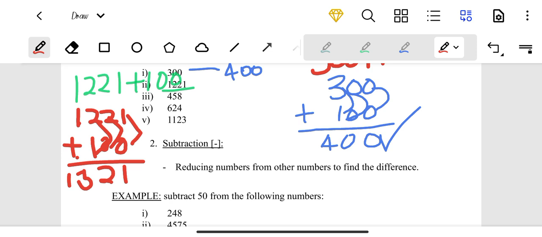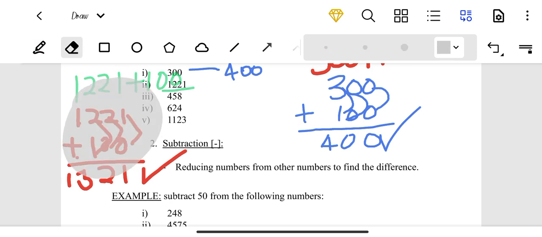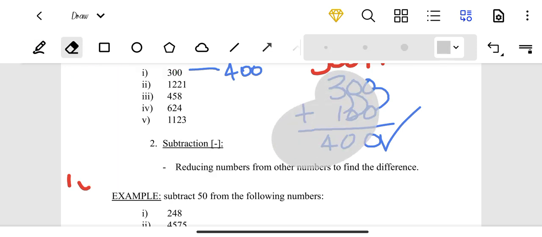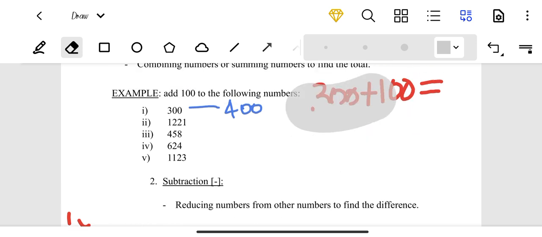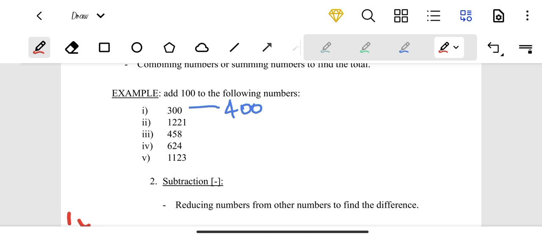And then now you are done with this one. So if I'm saying 1221 plus 100, the answer is 1321. So let me just clear that out so that we can have a proper space to work out the ones that are remaining. For this one, the answer, let me just write it here, it's 1321.